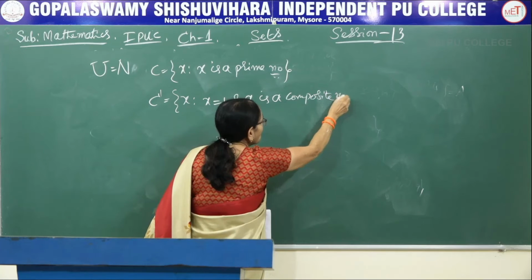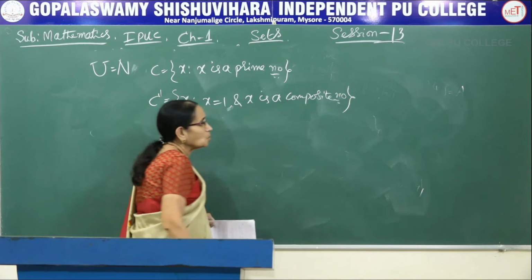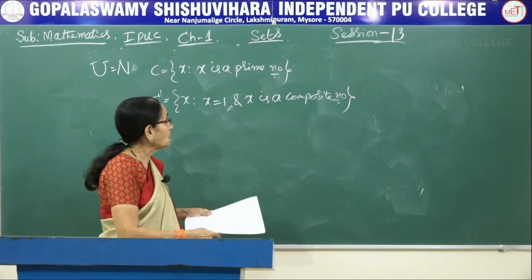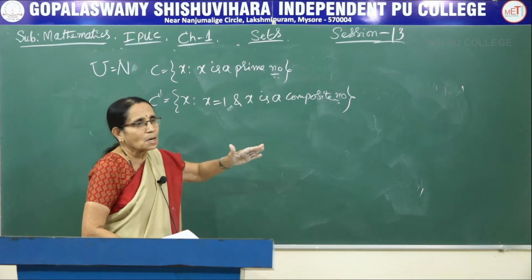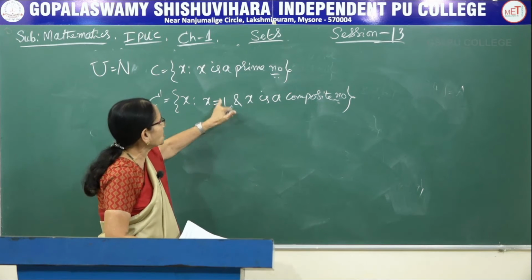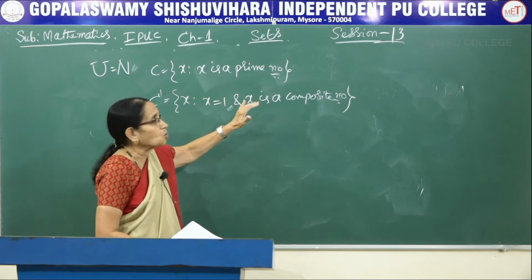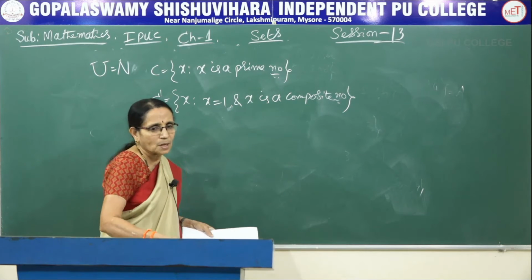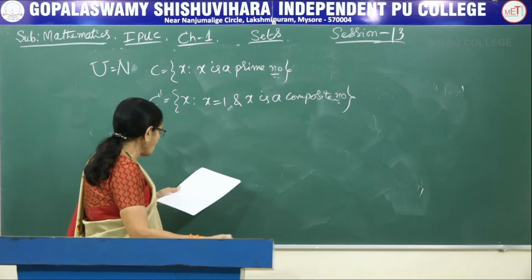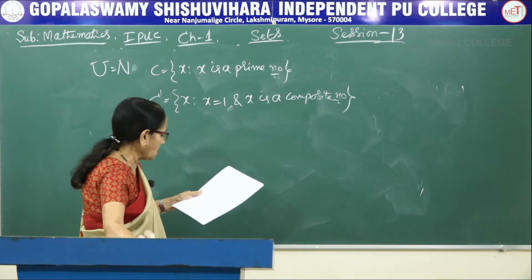We need to write the actual elements because it is not in a sequence here. It is not in a particular order. x is equal to 1 because the prime numbers start with 2. 1 is there, and any other number which is a composite number, which is not a prime number. So this is how you have to write.